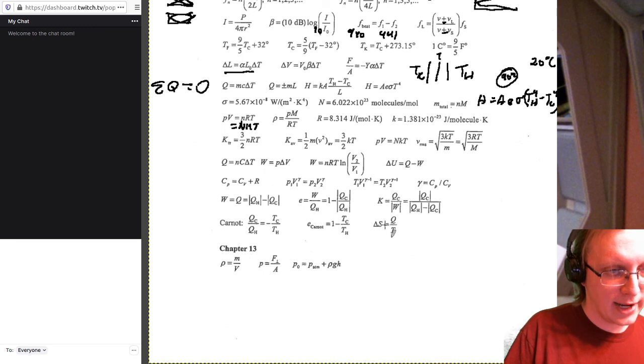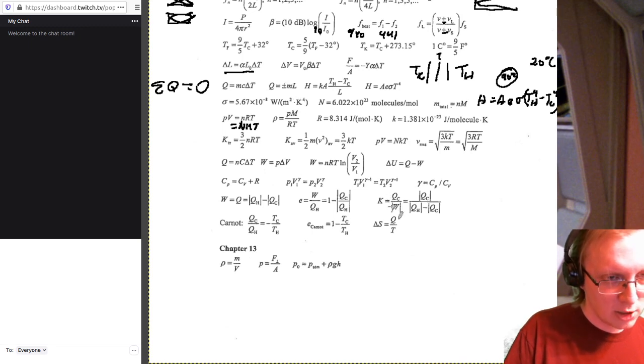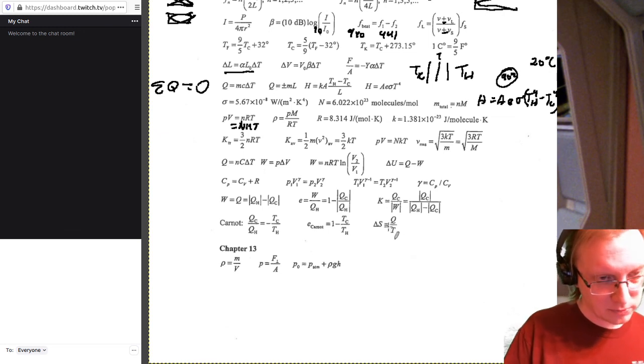And then delta S is entropy coming in or out of a region. So if you were melting ice, then you could use this Q here, the Q from latent heat of fusion, to melt the ice, and then you could find the entropy for melting ice from that.